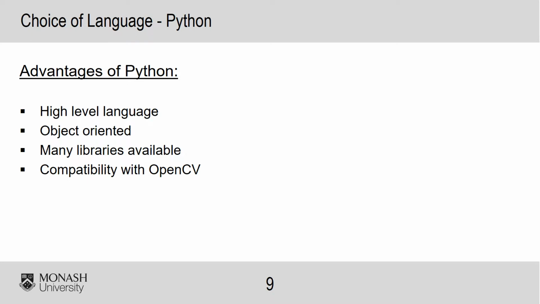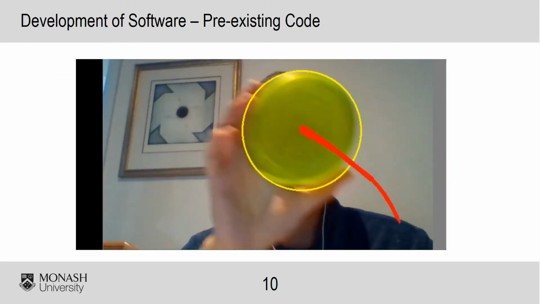Additionally, there are many libraries available to be used through Python, an example of which is NumPy, which enabled me to effectively utilize matrix manipulation to develop the extended Kalman filter. Finally, Python is compatible with OpenCV, an open source computer vision library which enabled the color filtering and morphological transformations necessary to track the ball.